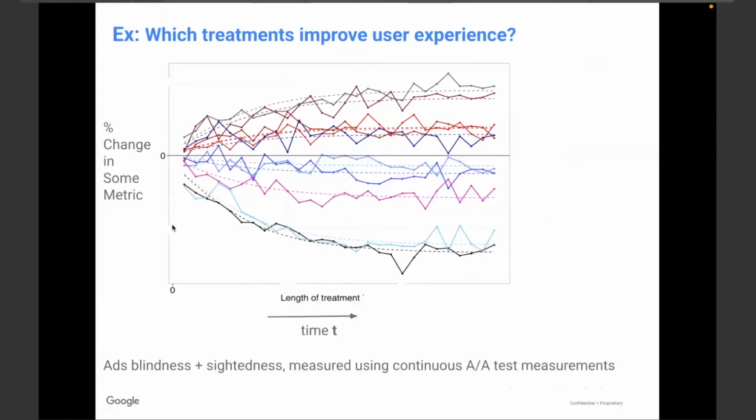And this is how, without sharing the details about which metric we monitor, this is actually some of the real data we just scaled. As time goes on, we can usually observe a very nice learning curve. As the user is treated longer and longer, we can see the user has a learning effect.